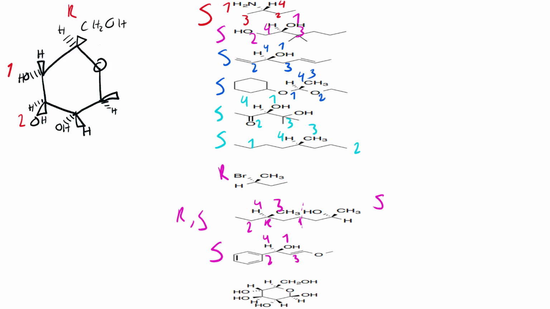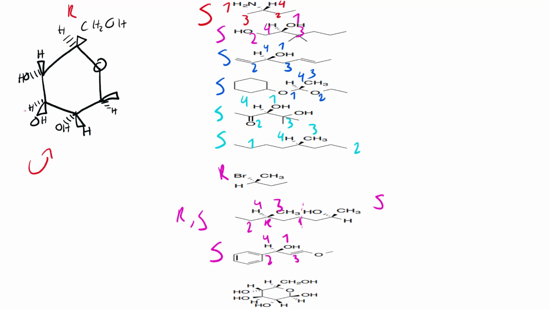Well, if I went 1, 2 over here, then I'm saying that this is more important than just a carbon with an oxygen. And that's not true. I'd rather have an oxygen attached to a carbon just by itself. So I'm going to say 1, 2. And then this is going to be 3 and 4. So to save space, we're going to say that this is a 1, 2, and 3, right? So 1, 2, and 3 is going that way.